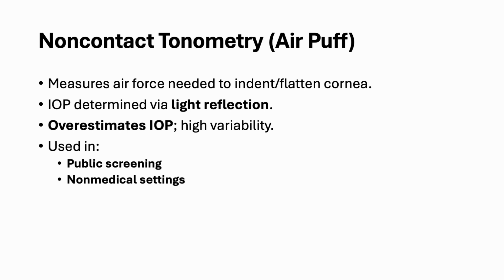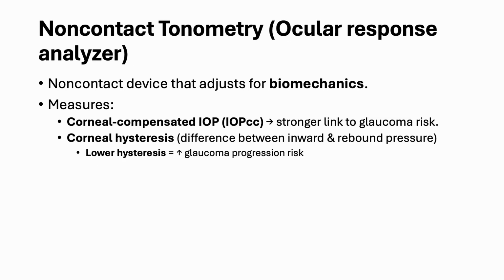One key limitation is that it tends to overestimate IOP, and the results can be quite variable between tests. Because of this, it's typically used in non-medical settings, like at public health screenings or optical shops, more for triage than for clinical decision-making.